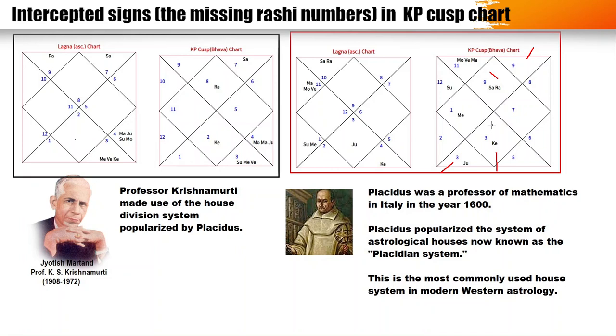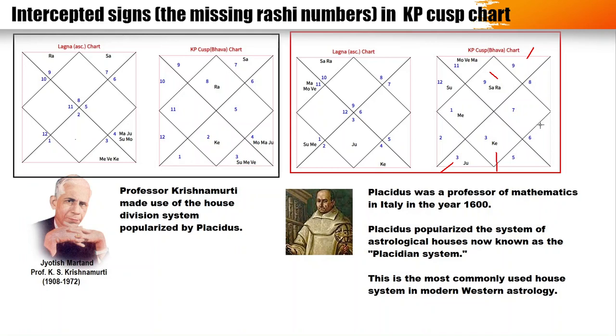Now the question is: do the intercepted or missing signs have any special significance in KP prediction? That we are going to discuss in a while.